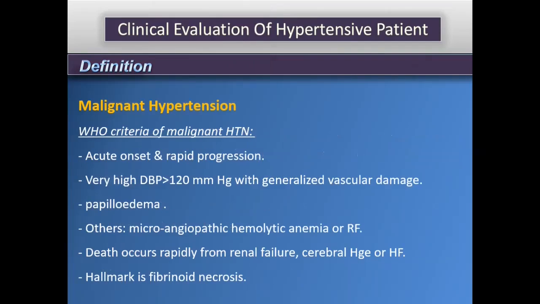It includes acute and rapid progression, a very high blood pressure, especially diastolic blood pressure, with generalized vascular damage, microangiopathic hemolytic anemia, papilledema. This usually occurs rapidly from acute renal failure, acute heart failure, and brain hemorrhage. Fibrinoid necrosis is the hallmark of malignant hypertension.